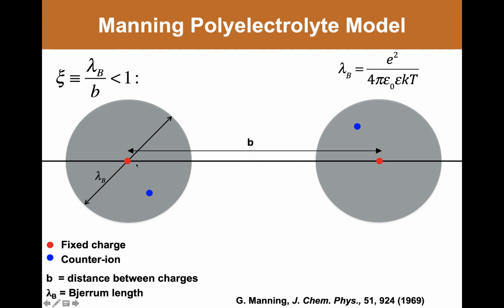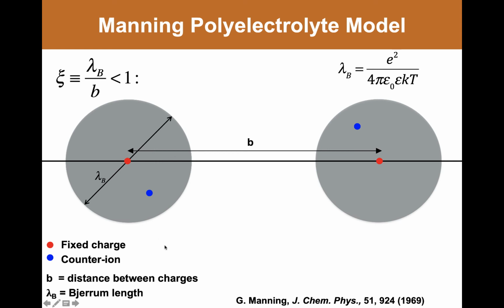If you imagine that you have a fixed charge sitting out by itself, and there are counterions around it, and a counterion is very close to that fixed charge, for example a sulfonate and a sodium, as the sodium gets closer to the sulfonate, the electrostatic interaction between them goes up enormously.